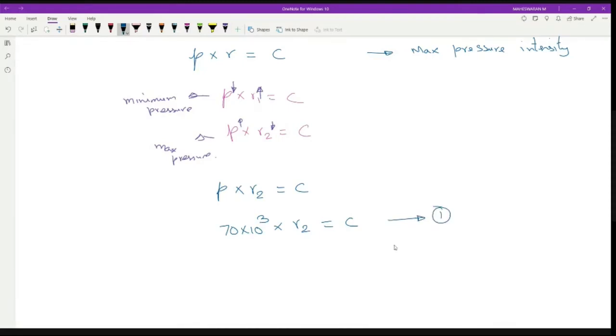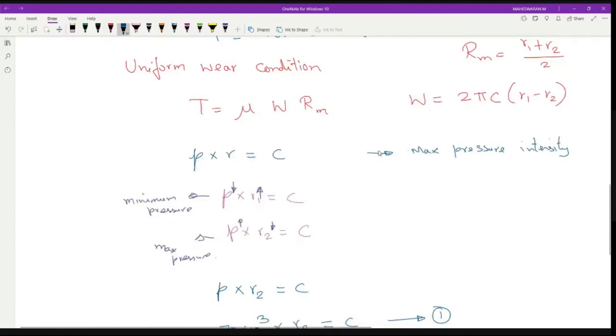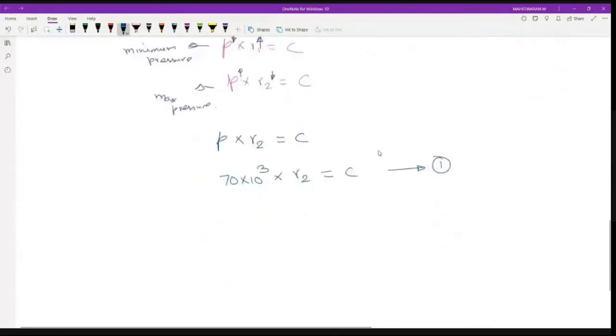Now, substituting this in W. So what will we get? You will get W is equal to, right?